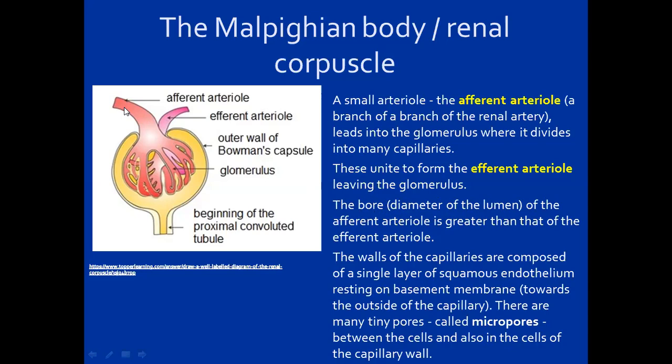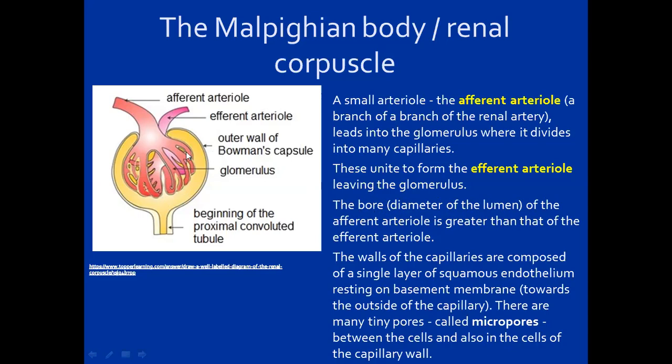That means more blood goes into the glomerulus than can leave. That results in a very high pressure within the glomerulus. And that pushes the small molecules, I'll talk about them again later on, through the walls of the capillaries into the space of Bowman's capsule.